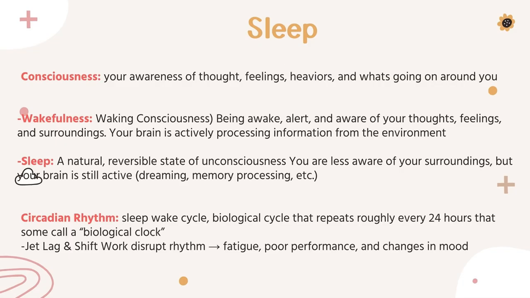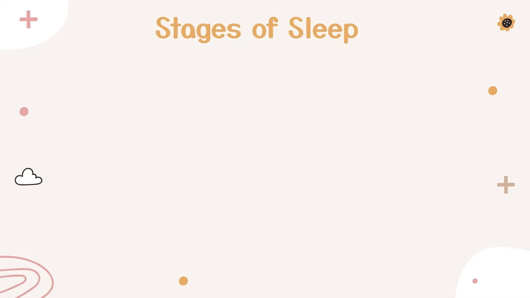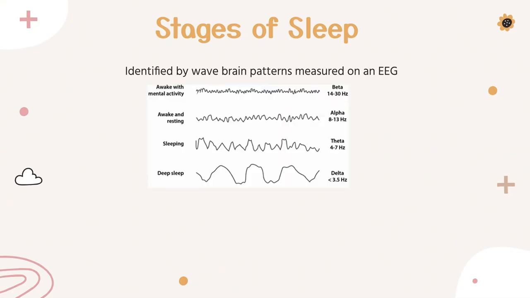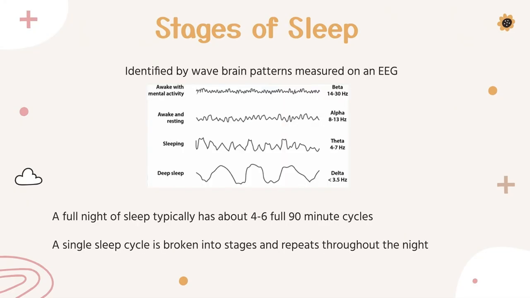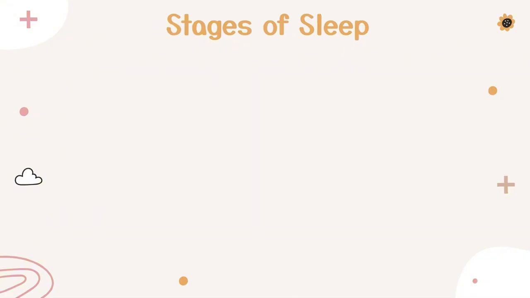So, stages of sleep. They're identified by wave patterns measured on an EEG, which should look like this. A full night of sleep typically has about 4 to 6 full 90-minute cycles. A single sleep cycle is broken into stages and repeats throughout the night. Let's go through one 90-minute cycle.